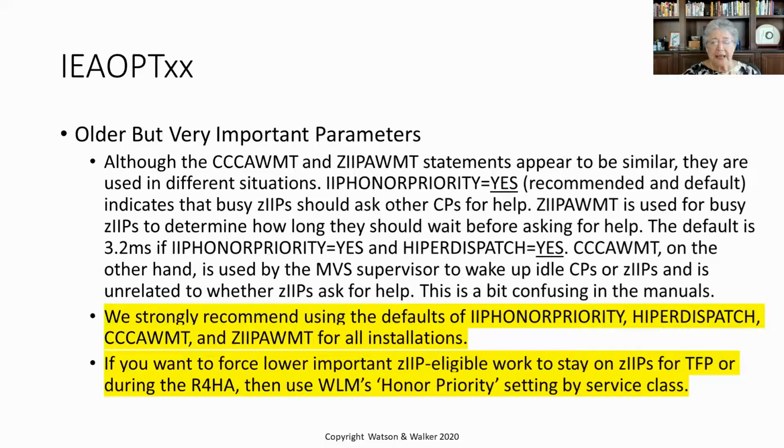Now, on the other hand, if you use those defaults, then you can use WLM's honor priority and set it by service class and say, I don't want this non-important zIIP-eligible work to ever go on my CPs, especially during the rolling 4-hour average or if I'm using TFP.